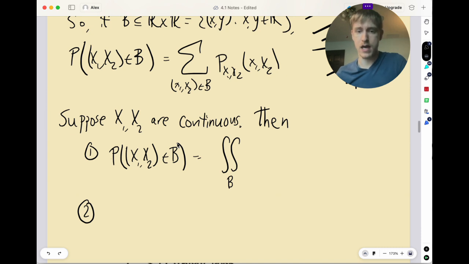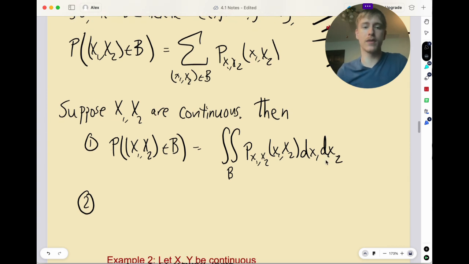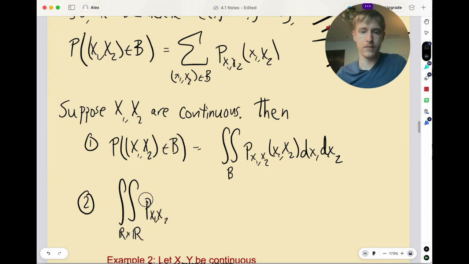The second property, normalization, is that the double integral over r cross r of this probability function has to equal 1.